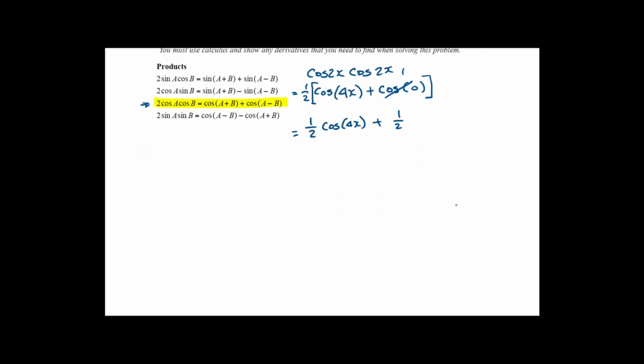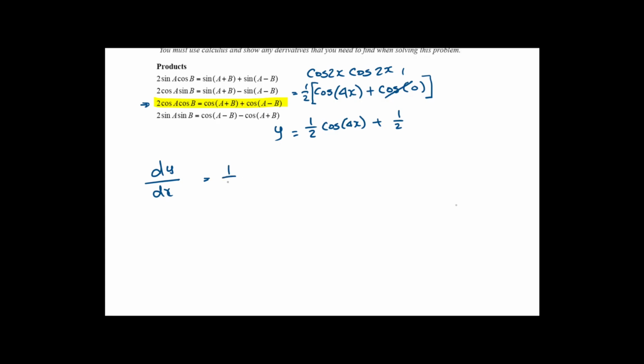All right, let's differentiate this then. So when we differentiate this thing here, so this is y, with respect to x, how are we going to do it? It's going to be a composite function. It's going to be a chain rule. So the inner function is going to be 4x.